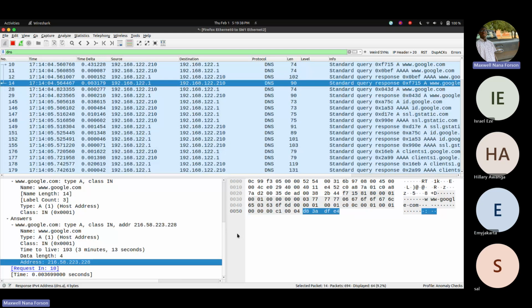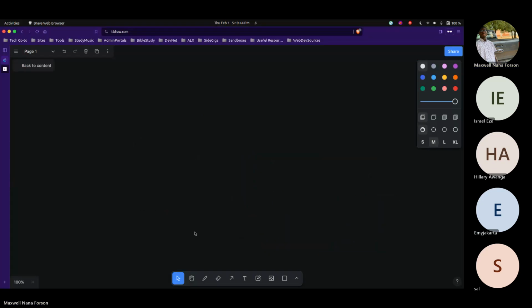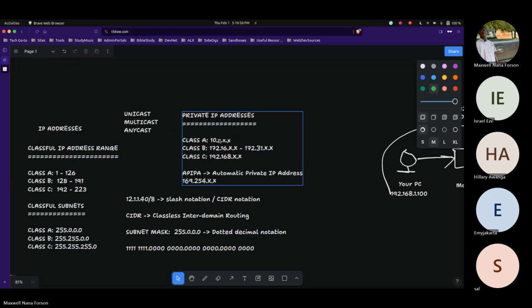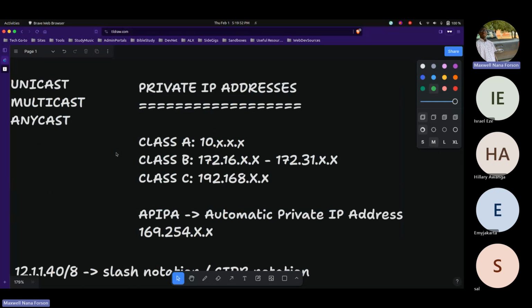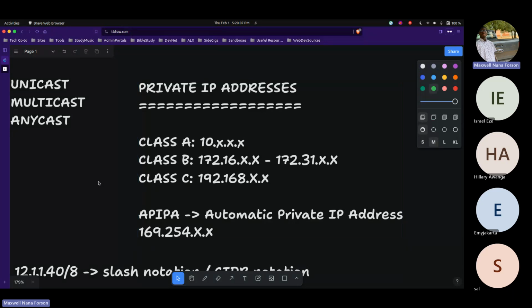Okay, so do you remember the ranges that we mentioned? I'm saying that here, if you have any IP address starting from 10, it is a private class A address, and this is for class B, this for class C. Anything else that I didn't mention here is a public IP address, and I can't list all of them.